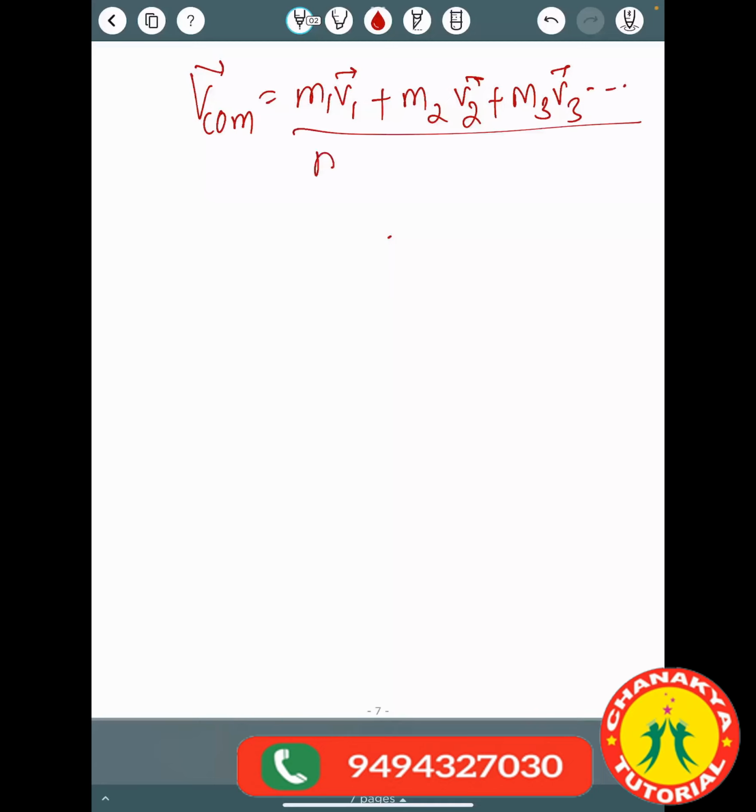So we said that velocity of center of mass is given by m1 v1 plus m2 v2 plus m3 v3 and so on, divided by total mass m1 plus m2 plus m3 and so on. So students, if I say that there is no external force, F external is 0, what does that mean? Acceleration is 0, right?